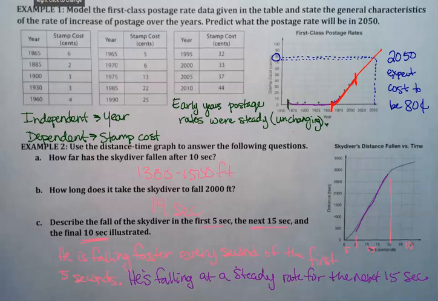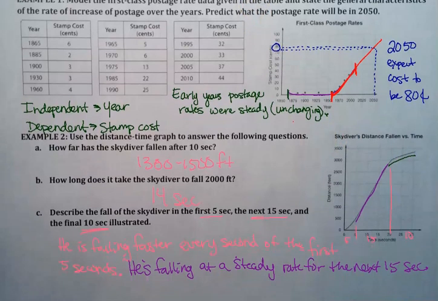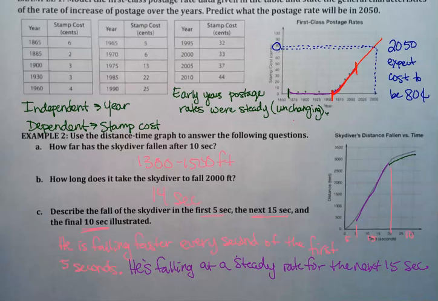All right, and how about that last section? What would you say there? It's becoming a little bit flatter here, right? Kind of leveling off, which means what? Okay, he's slowing down. He's falling at a much slower rate, and it's more constant because it's leveling off.